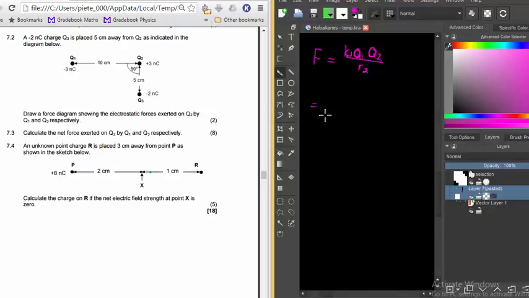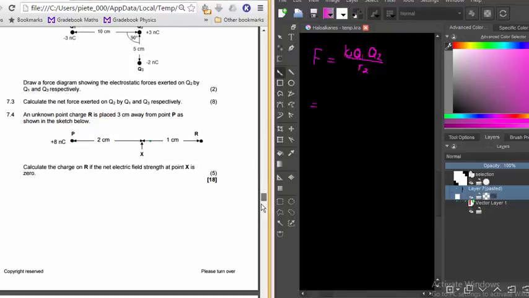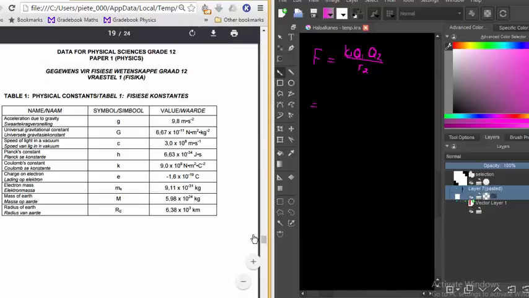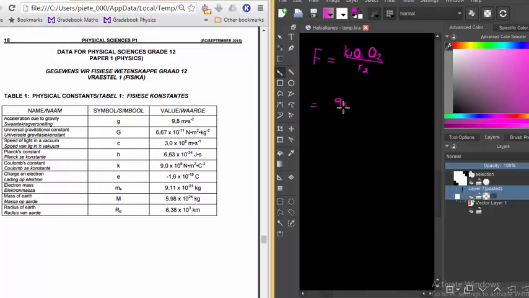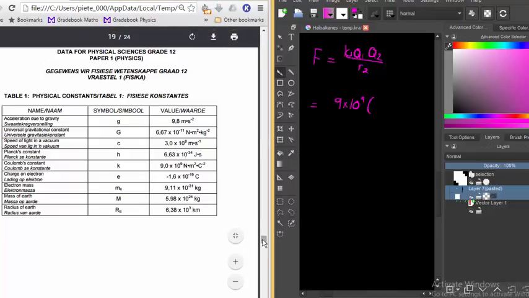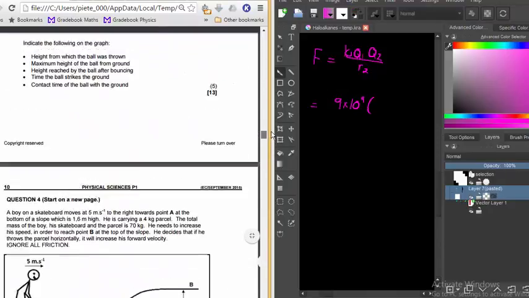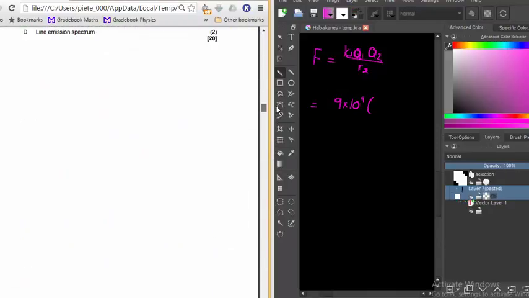The way I would have answered this question is to first do it respectively and then find the net force. So K is 9 times 10 to the power of 9.